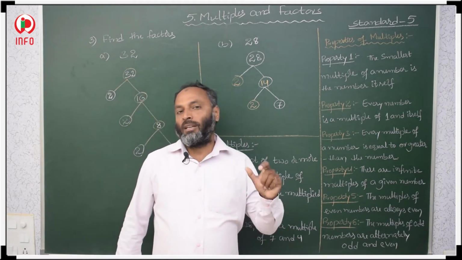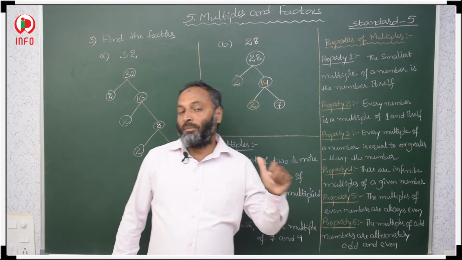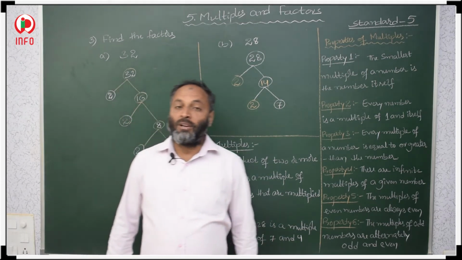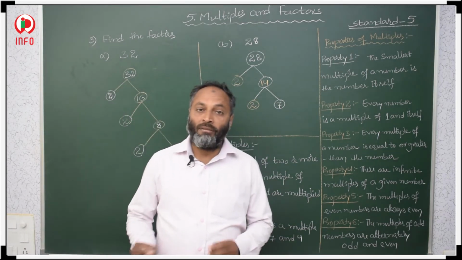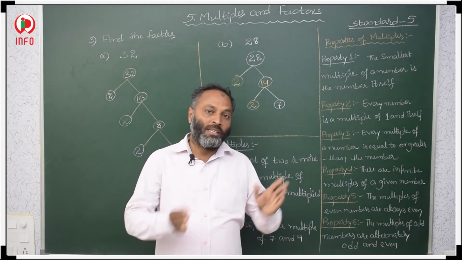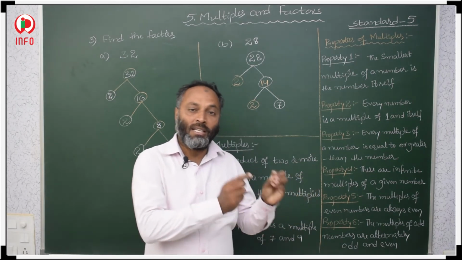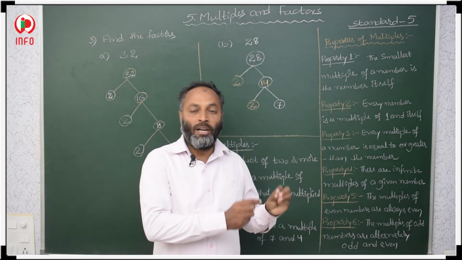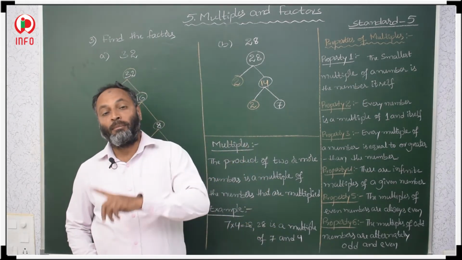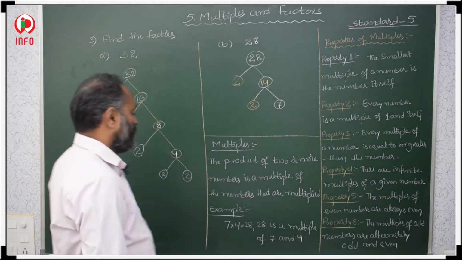So 15 is a multiple of 5, as well as of 3. Whatever answer you get after the multiplication is a product, and that number is a multiple of these multipliers.